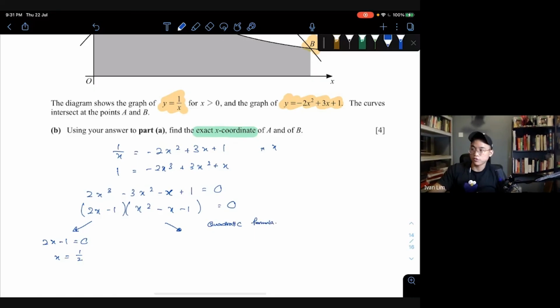Okay, quadratic formula. So x equals to negative b, which is 1, plus minus square root of b squared minus 4ac, over 2a.